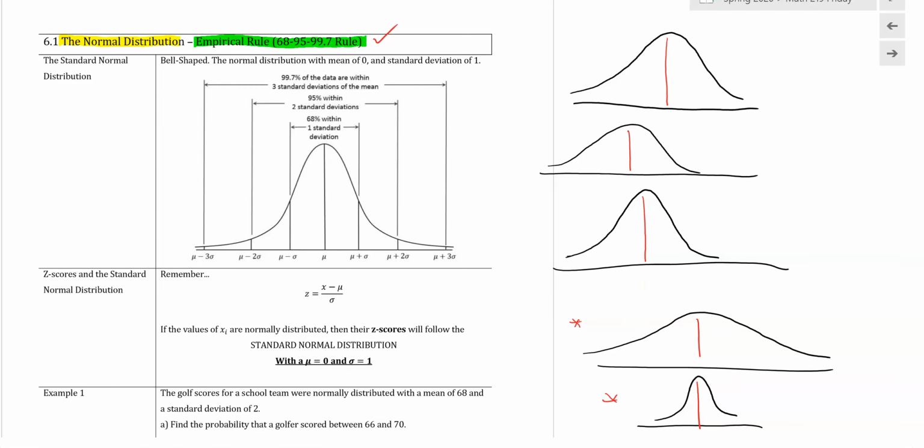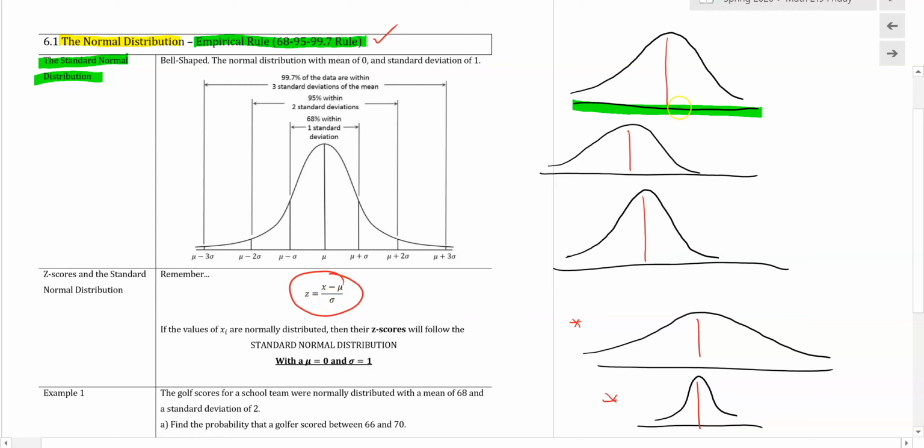There is a thing known as the standard normal distribution. What you do is take one of these curves, take all these data values here and find their corresponding z-score. So remember, we talked about how to find a z-score. There's a reminder right there. It's your data value minus the mean over the standard deviation.